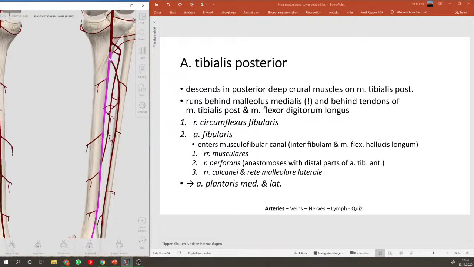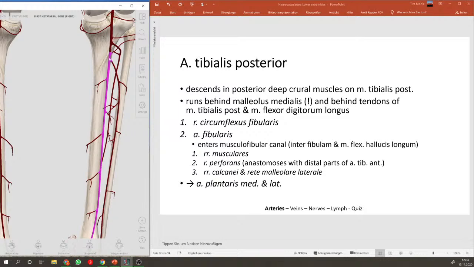Then important, arteria fibularis. So arteria fibularis is a branch of the posterior tibial artery. It is not an own branch from the popliteal artery, usually. So arteria fibularis then enters the musculofibular canal and descends in it and gives off rami musculares and rami perforantes to supply all of the muscles of the lateral compartment, but also the posterior compartment.